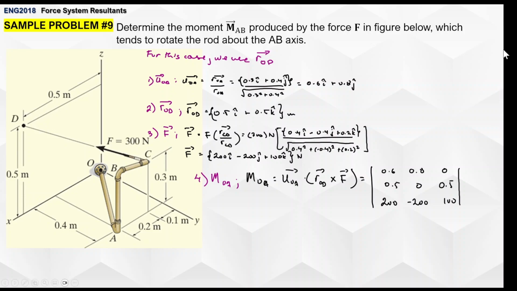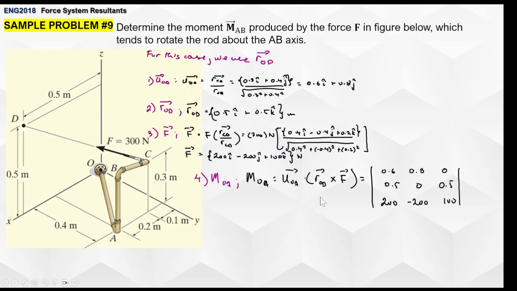So ito yung magiging determinant niya. UOA is 0.6, 0.8, and then 0k. ROD on the second row, which is 0.5i, 0j, and 0.5k. And then now yung force vector natin, 200, minus 200, and then 100.